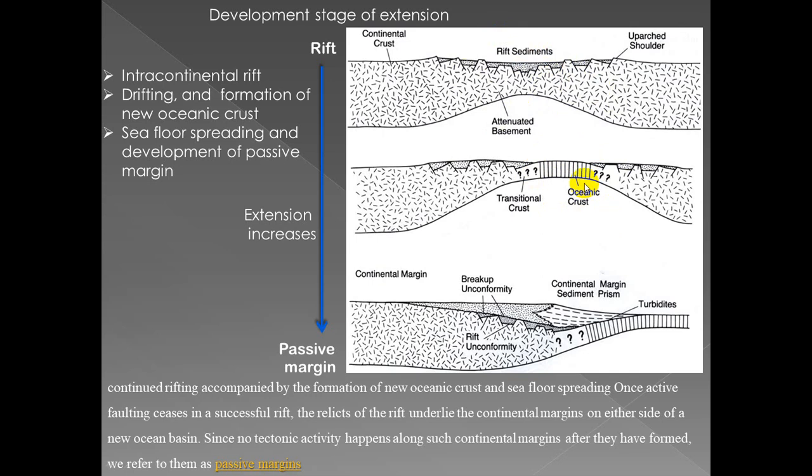Okay. Later on, due to the pushing force of ascending magma and the creation of oceanic crust, the continents are pushed away from each other, beside the extension stresses. So we have two forces here: the extension itself and also the pushing force of ascending magma, what's called the spreading force.